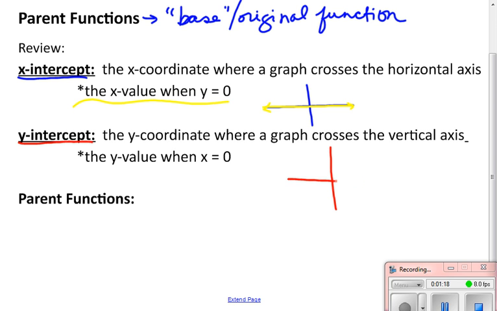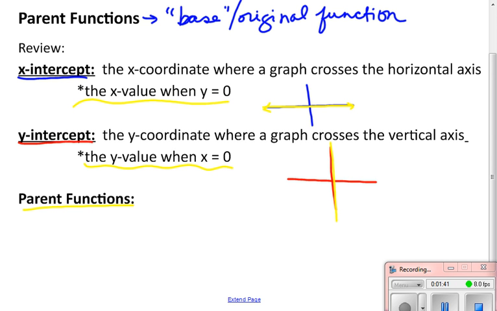That is, again, where a graph crosses the y-axis. We find that when we let the x-coordinate equal 0. These are key points in a lot of graphs and things that can help you look at the function, check its behavior, and be able to graph it quickly and easily.